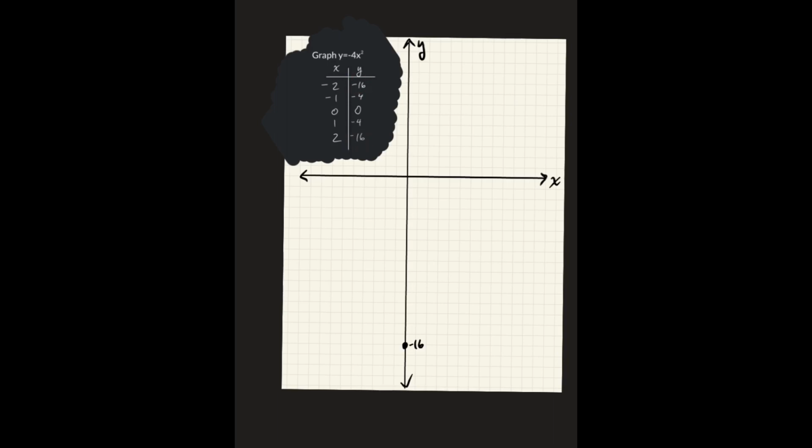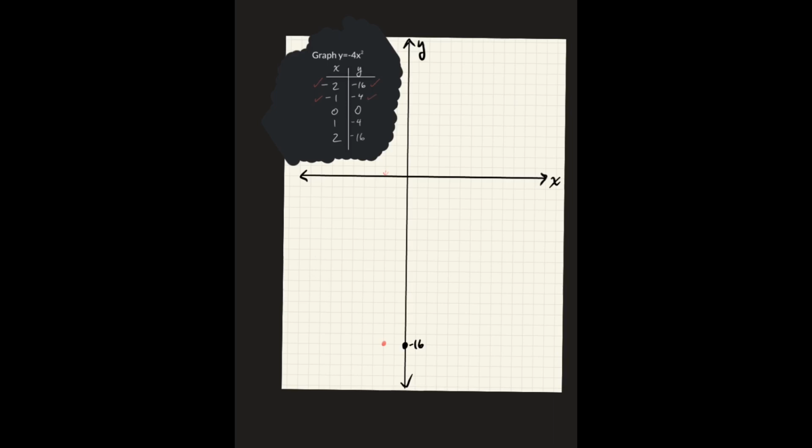So now I'm going to go ahead and start graphing everything. All right, so my first point, negative 2, negative 16. I go back to the negative 2, which will be right here. And then I drop it all the way down to negative 16. So that's where my first dot goes.